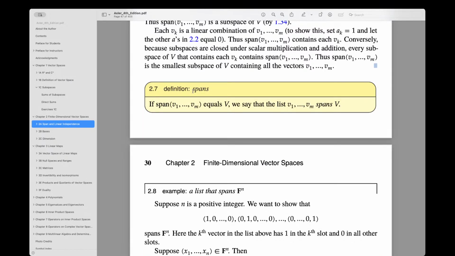And notice that if you take the span of these guys here, it actually makes up the whole space of F^n. So for example, in R^n, with 1 in the ith slot and 0 everywhere else, those vectors make up the whole of R^n.